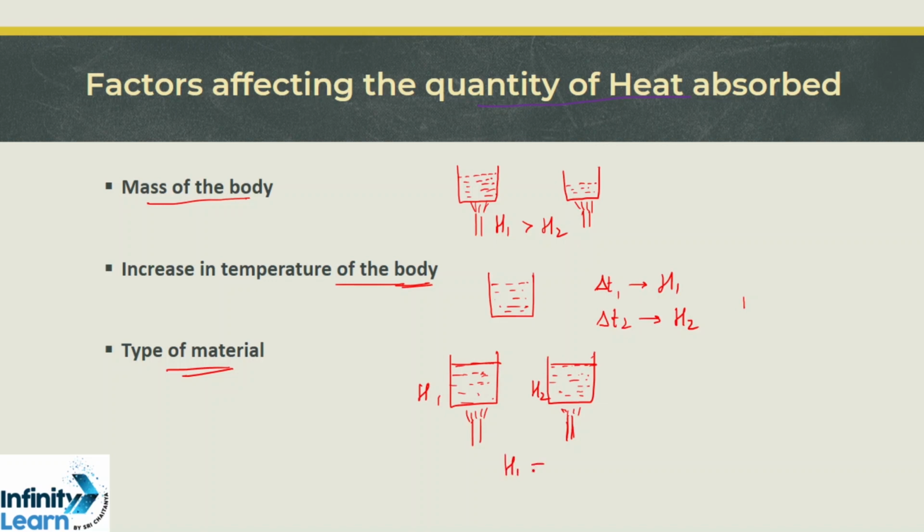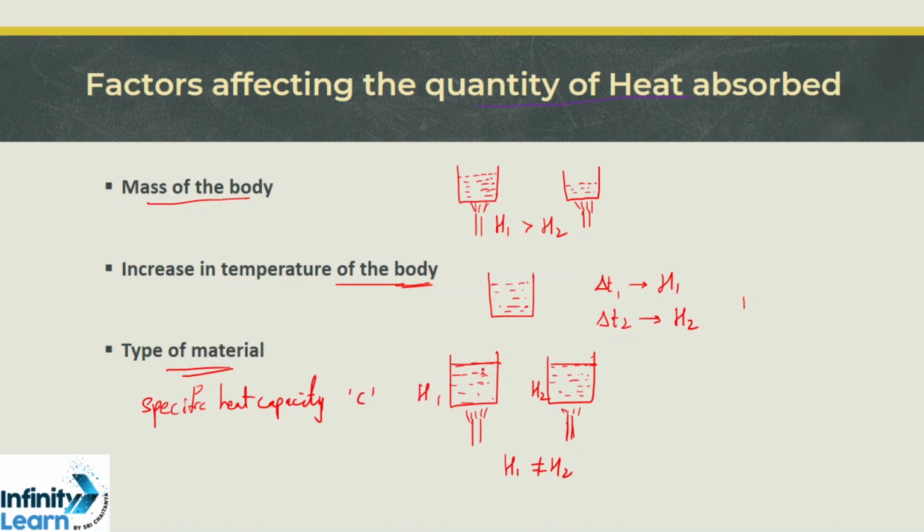So H1 won't be equal to H2, and this property is called specific heat capacity, which tells us that some material may require a higher amount of heat to gain the same temperature as compared to another material, and it is denoted by small c.